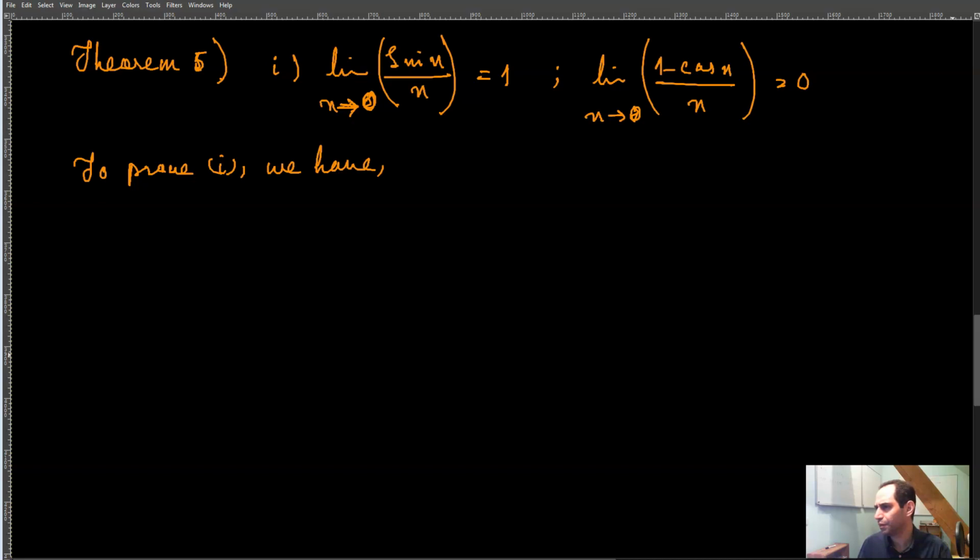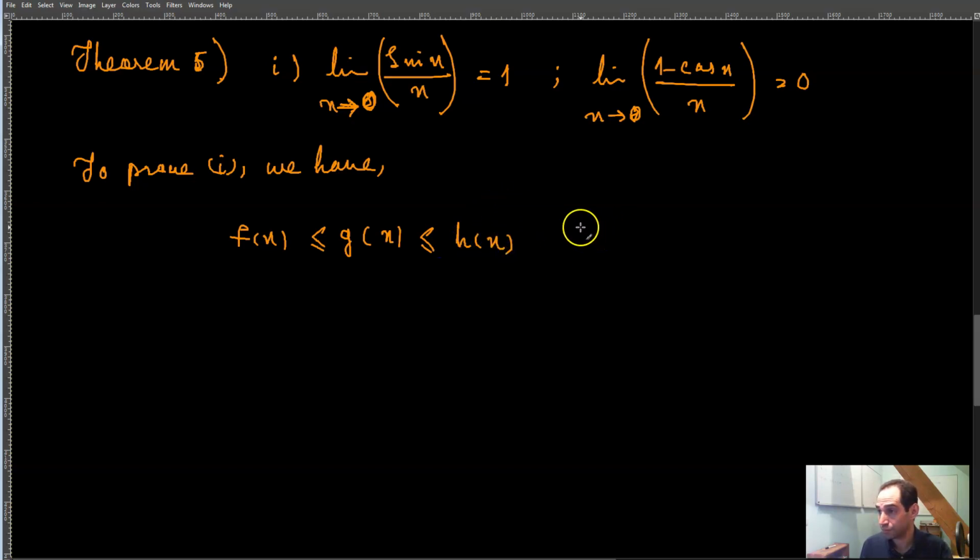f, g, and h were real functions, and f of x was less than or equal to g of x, less than or equal to h of x.